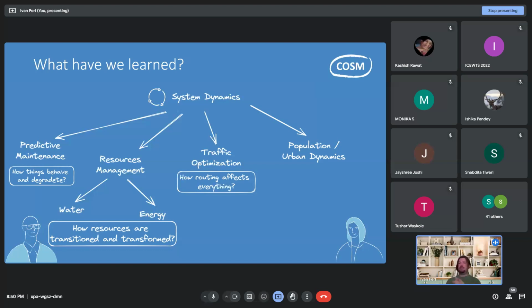It is very important how this can be taken into account and how we can work with it to balance our system and make it work even better, or if we want to make it worse, what we can do with it. And from urban dynamics, we learned how cities are growing, which factors make sense, what can be applied and where, and how we can affect this. Can we force cities to grow or to shrink, and what do we need to do this in the most efficient way?